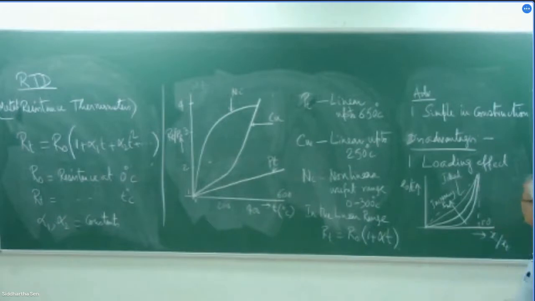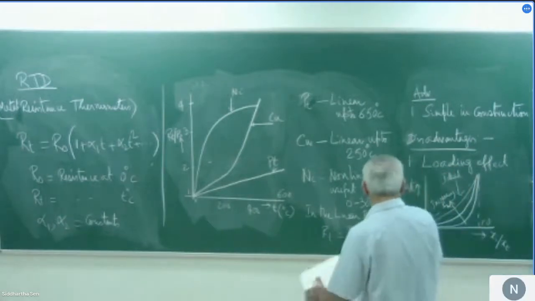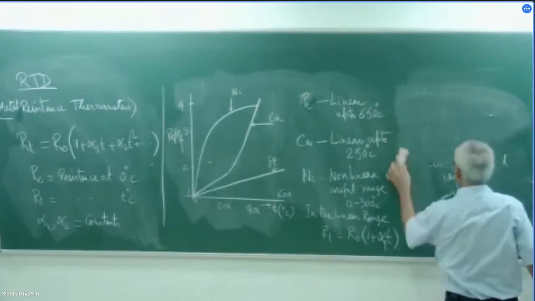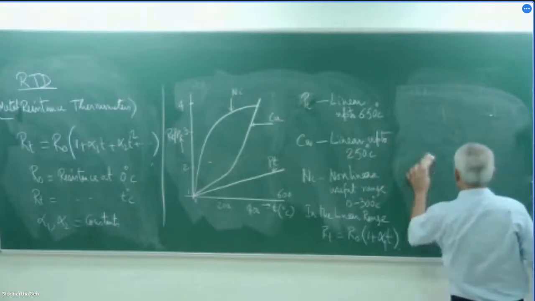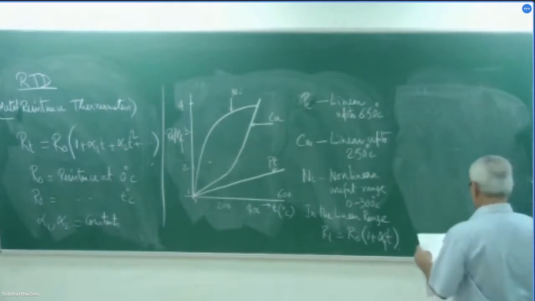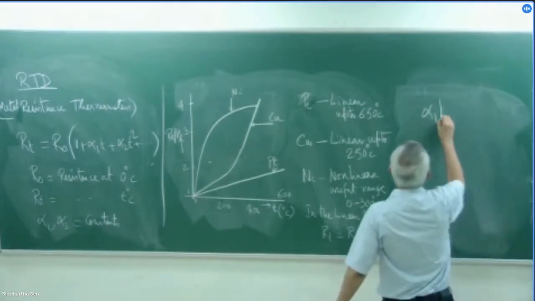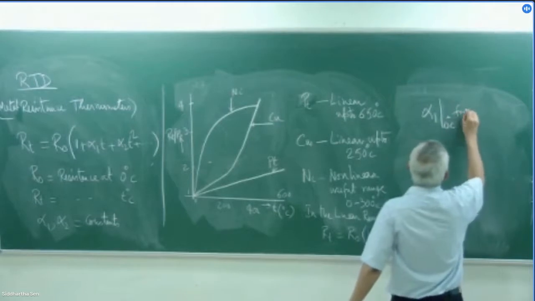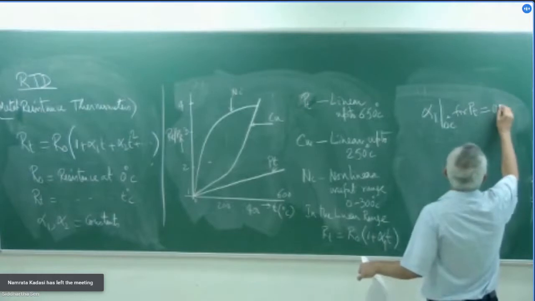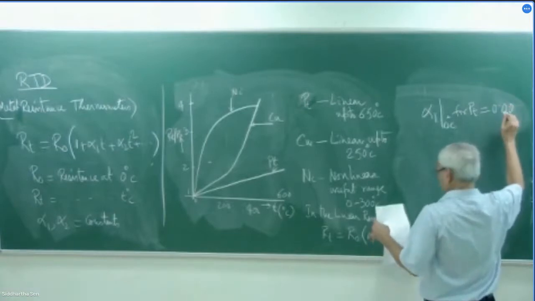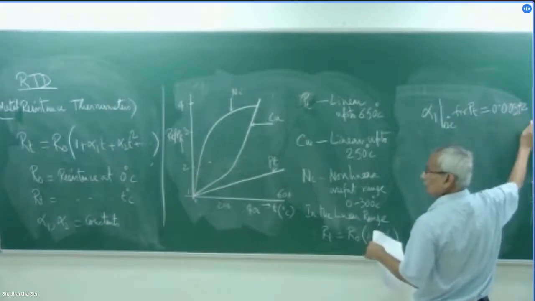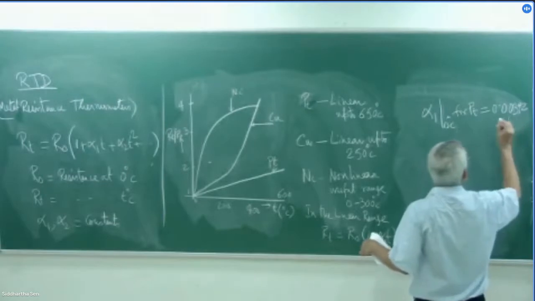And we know alpha 1, and this for platinum, the alpha 1 at 0 degrees Celsius is 0.00392 per degree Celsius.